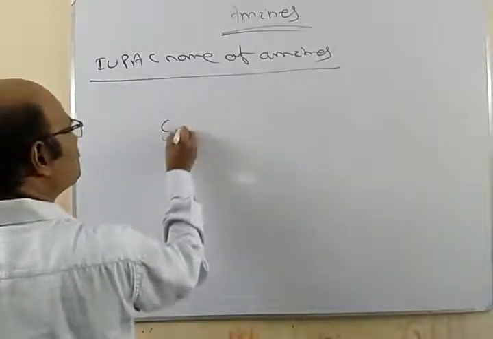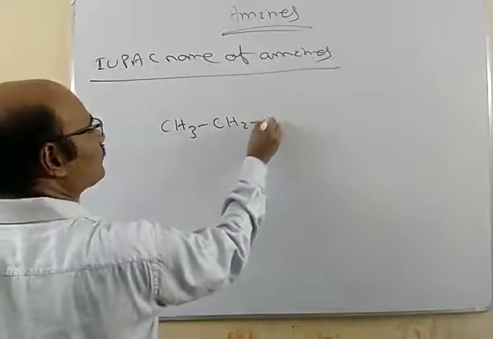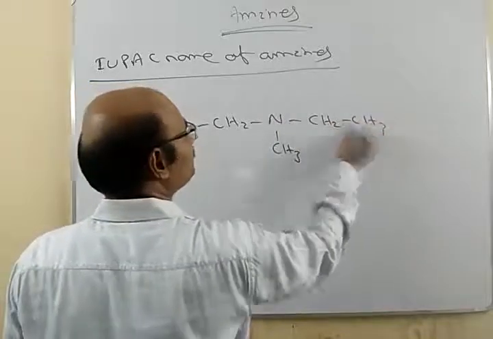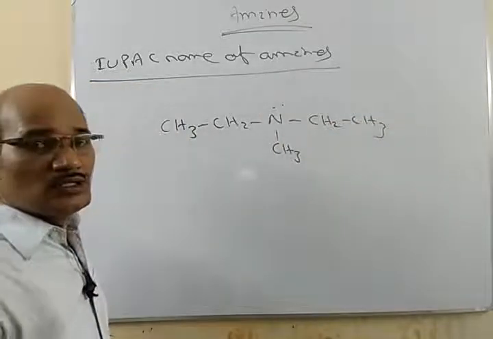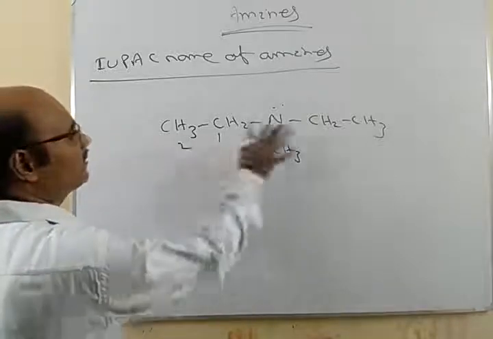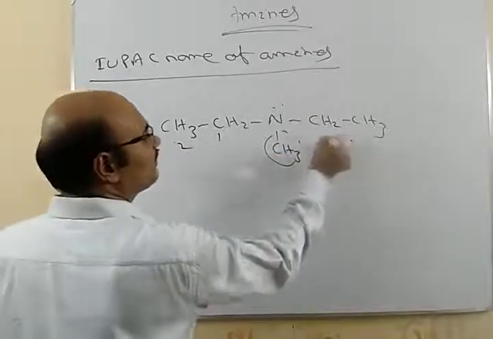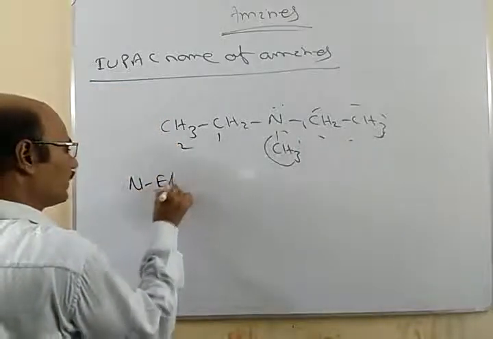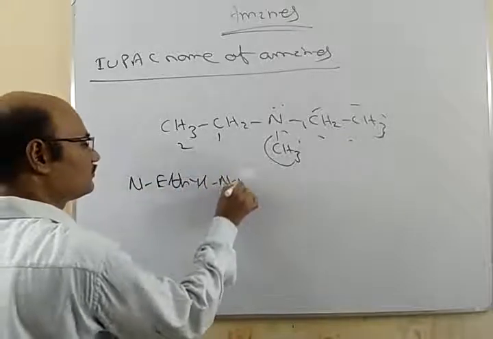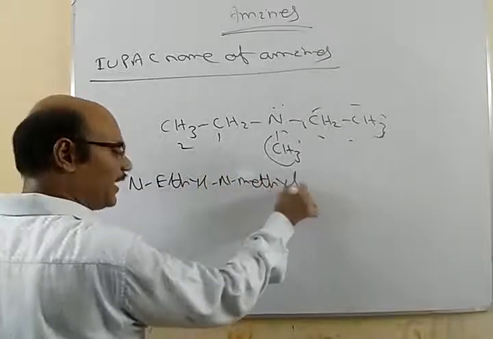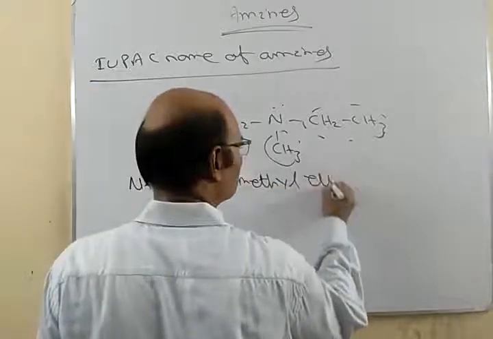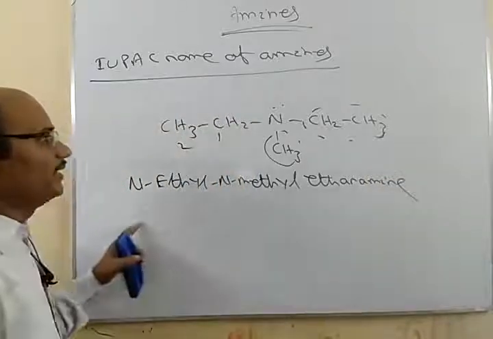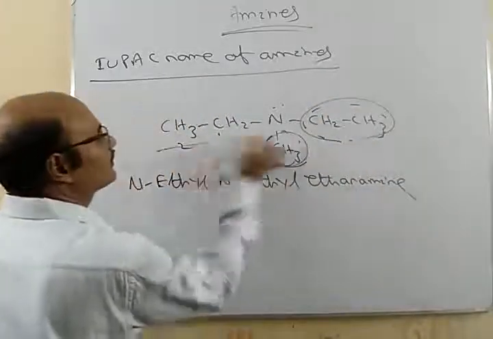Suppose I have CH3 CH2 N CH3 CH2 CH3. So here, one is ethanamine, with one methyl group and one ethyl group on it. So we write N-ethyl, N-methyl ethanamine.